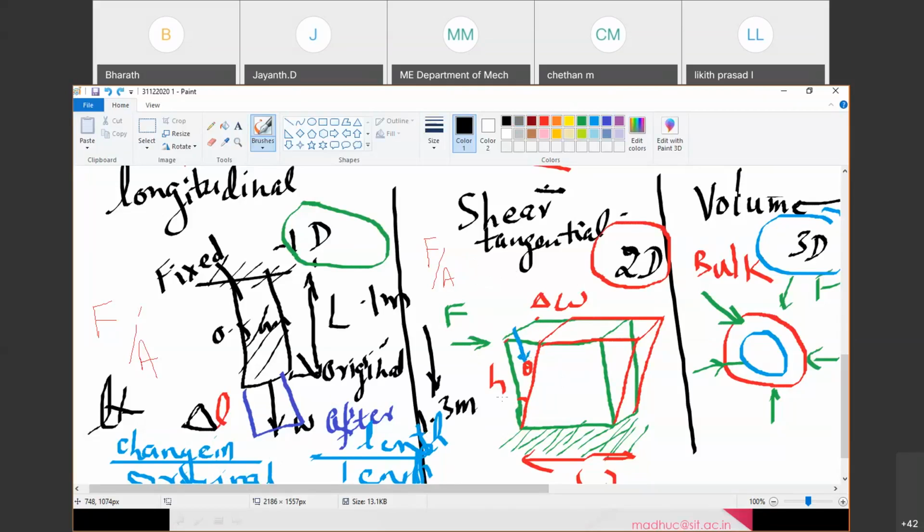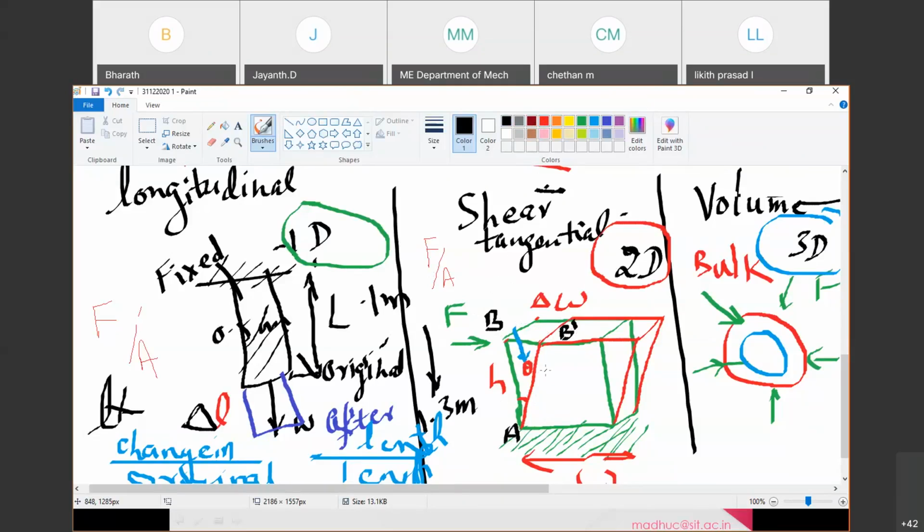If I call this A, then this is B, then this is B dash. Taking the triangle A, B, B dash, normally it is tan theta, but we'll just take it as theta because theta is very, very small.